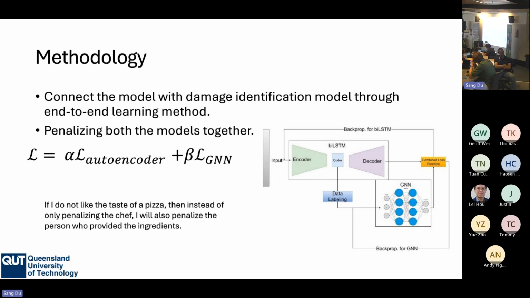And these alpha and beta values are the hyperparameters, which are used to stabilize the network. So I will collect the loss function from both of these models, combine them, and then backpropagate to both of these networks. So both of these networks will try to reduce the combined loss function. And basically this is how I combine the power of two neural networks here.